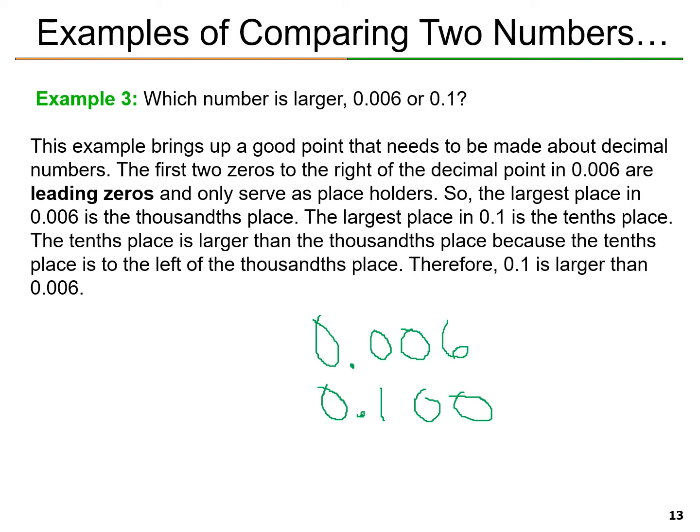Obviously 0 and 0 in the ones location, we can't determine which number is larger. Now, if we look at the tenths location, there's a 0 in this number, but down here, there's a 1 in the tenths location. Because 1 is larger than 0, that means that 1/10 has to be larger than 0.006.